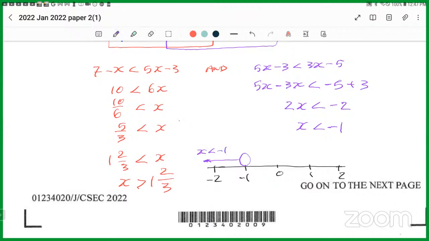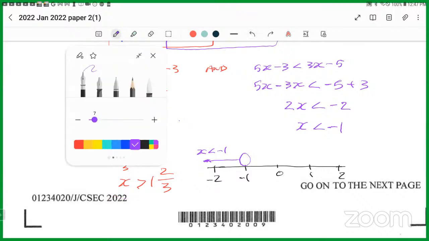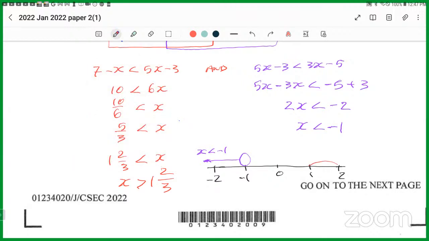And then I have this now, x greater than 1 2/3. I'll put 1 2/3 down in red. You want 2/3 here, so you divide this second section into 3 equal parts. It should be 1/3 and then 2/3. You divide it into 3 parts: 1, 2, 3. So this will be 2/3 right here.